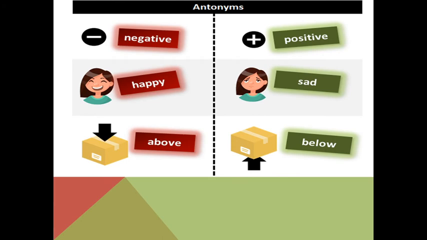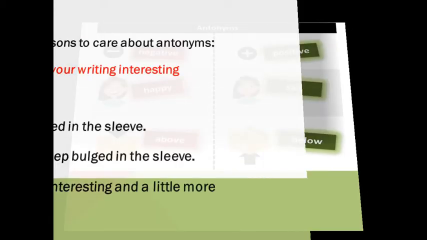Also, we can find different examples as can be seen from this picture. Negative, positive, plus and minus. And happy and sad we can also find interesting. Sometimes when you would like to use the word above, you can use the antonym below, and so on.